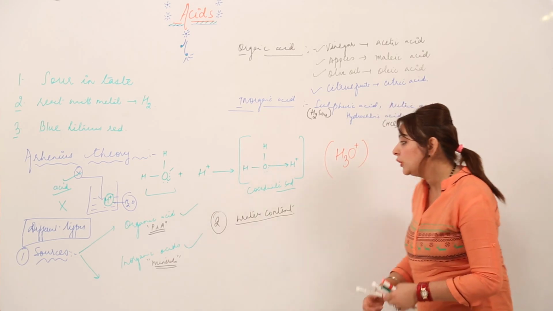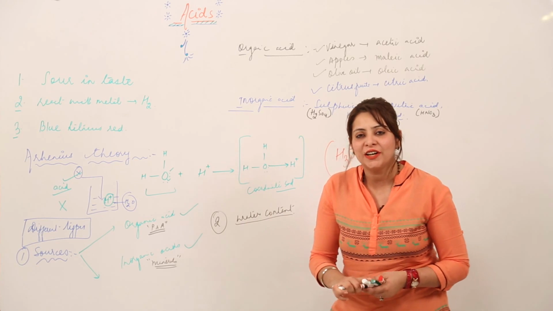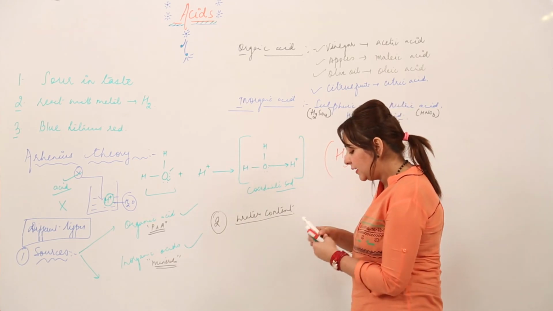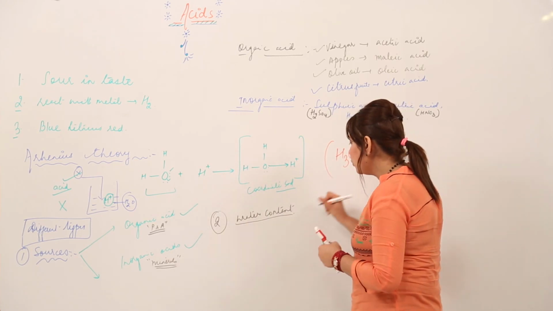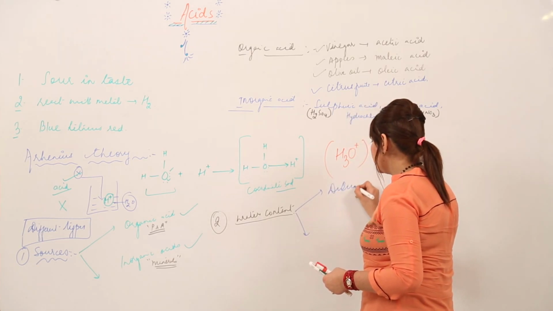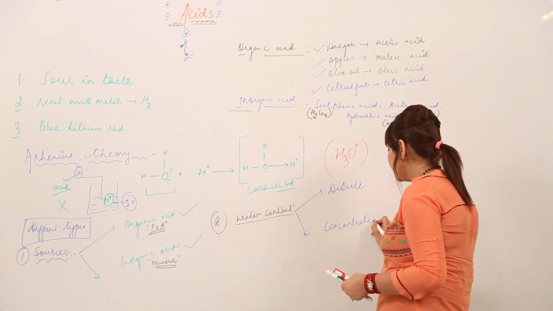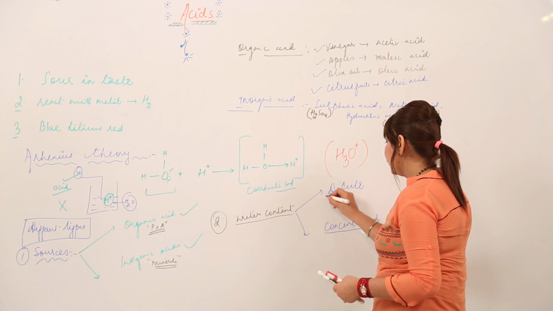On the basis of high or low water content, they are categorized into two categories: dilute and concentrated acid.